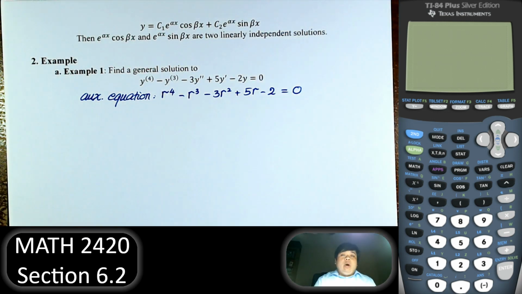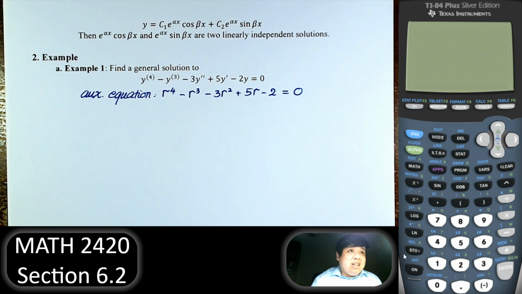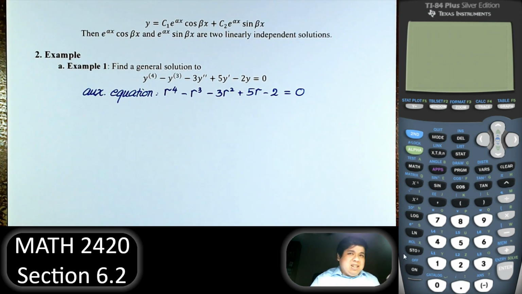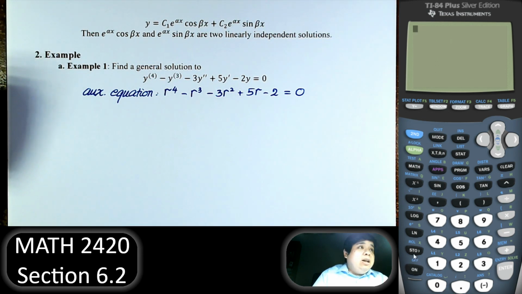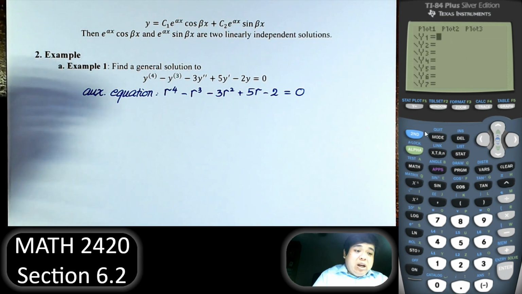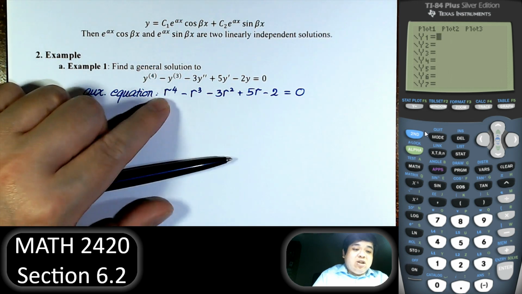Now we just solve this equation. The problem is this is a fourth order polynomial. There's a formula for it, but we haven't learned that yet, and it's not worth memorizing. So usually if we have an order higher than 2, I recommend that you use a calculator to get a head start.